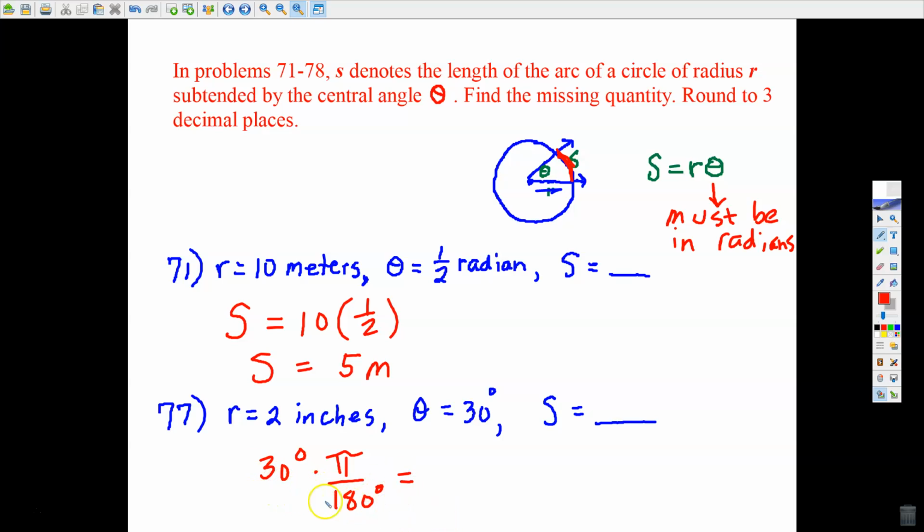And when you do the simplifying, you end up with pi over 6. And so that's what we're going to use in our formula. So the arc length, S, will be found by doing the radius, well, I got them switched, but that's okay because multiplication is commutative. We can do theta times 2.